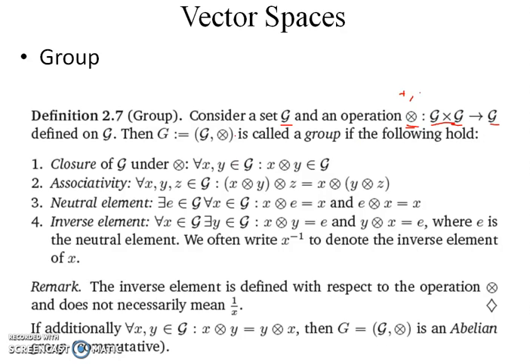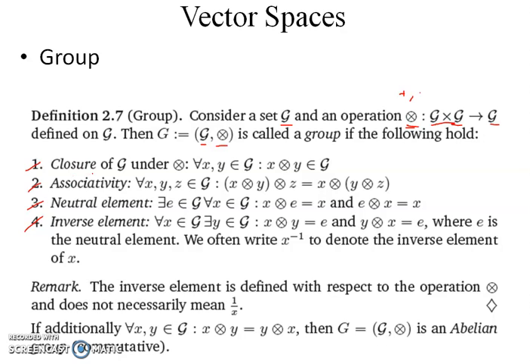So this is the way you define the set G. The set G under the given operation, either scalar multiplication or addition, can be called a group if the following properties hold: closure property, associativity, neutral element, inverse element.